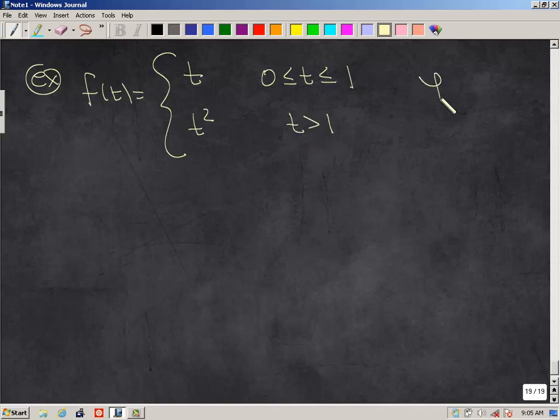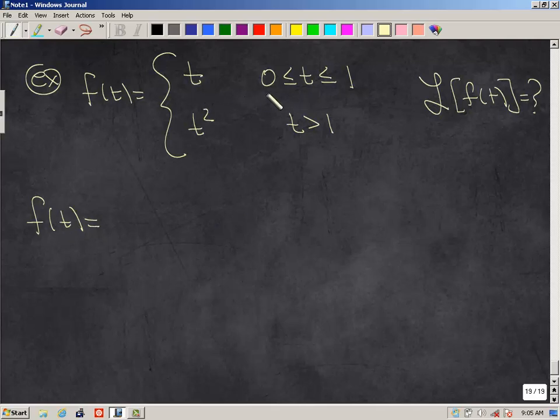So we want to find the Laplace of f of t. This is a piecewise function. The only way I can find the Laplace of a piecewise function is by using the formal integral definition, which I want to avoid. So if I'm going to use shortcuts, the first thing I have to do is write f of t as a step function and then take the Laplace of that.